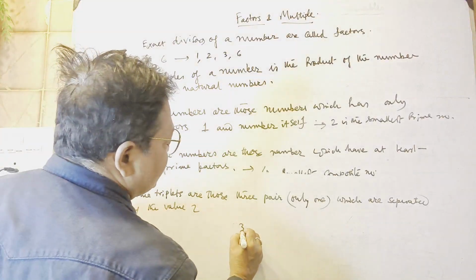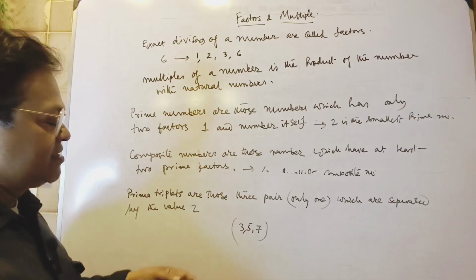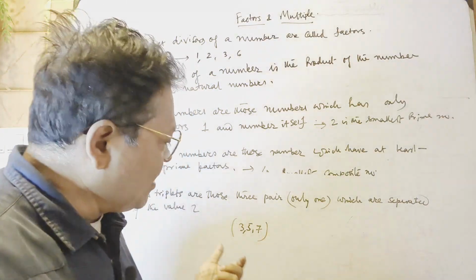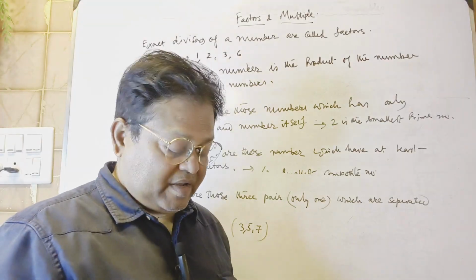Suppose, as for example, 3, 5, 7. It is the only prime triplet, because you will not get any other three consecutive prime numbers whose difference is 2.